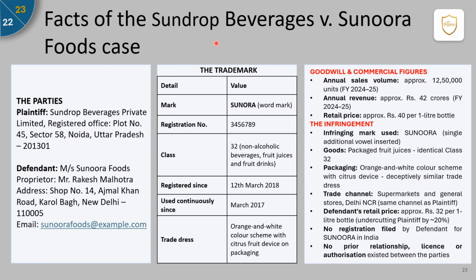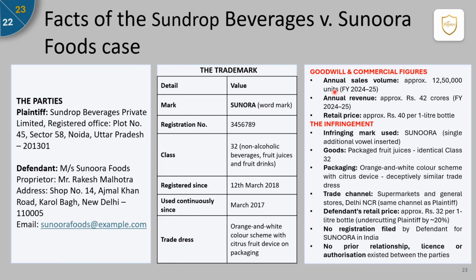So for that, the facts of the Sundrop Beverages versus Sunoora Food case we have already discussed in the previous video. These are the parties, the defendant and the plaintiff, and the trademark which was registered having the following details, having the registration number in class 32, registered since that date, and continuously used since March 2017, and the trade dress of the trademark Sunoora.